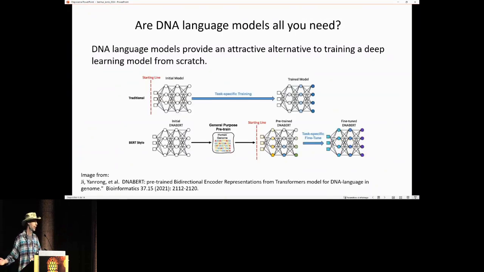And we've been hearing a lot about DNA large language models, and we know that their representations are useful for various regulatory genomics tasks, but the question is, how do these do for our task?